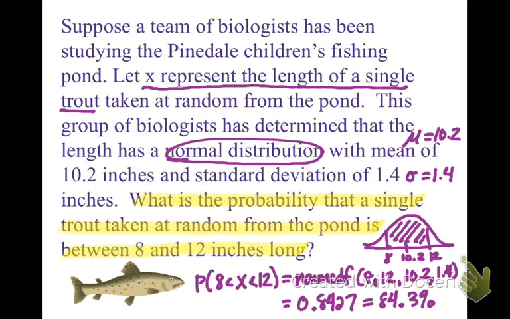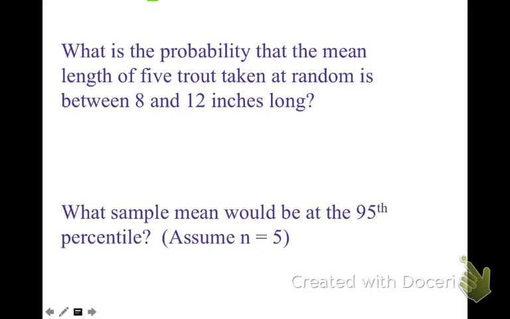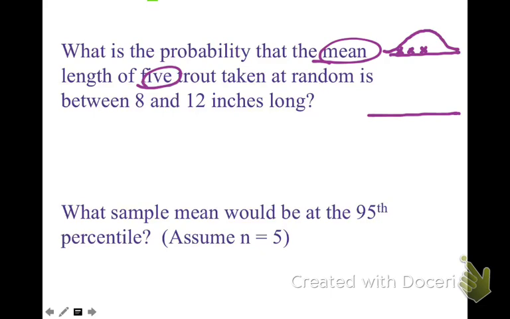So let's compare that to the probability that the mean length of 5 trout taken at random is going to be between that range. Now I'm dealing with a mean length of 5 trout. Instead of my original normal curve where each of the values was an actual trout, I'm going to be dealing with a sampling distribution of all the possible samples of size 5 taken from this population.